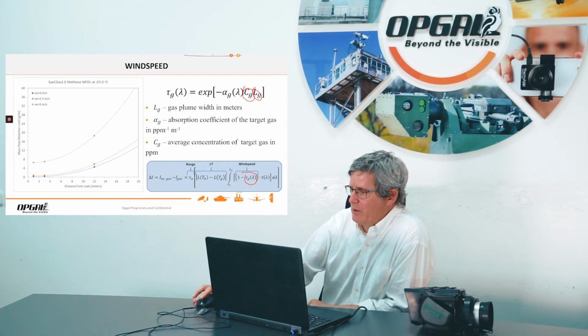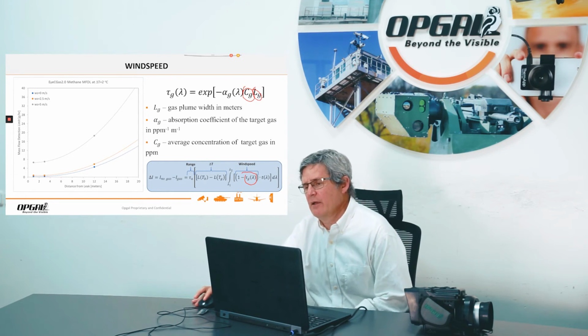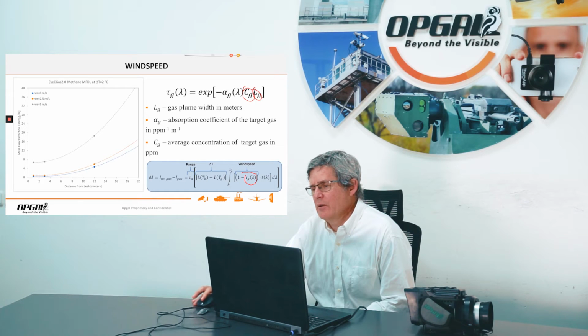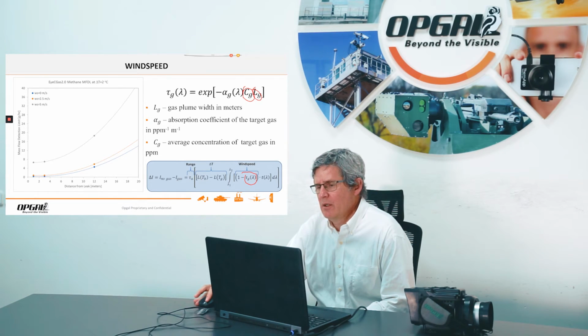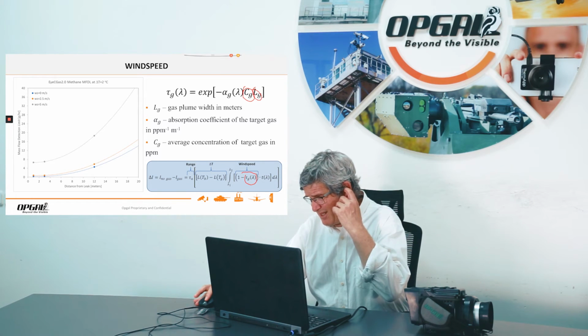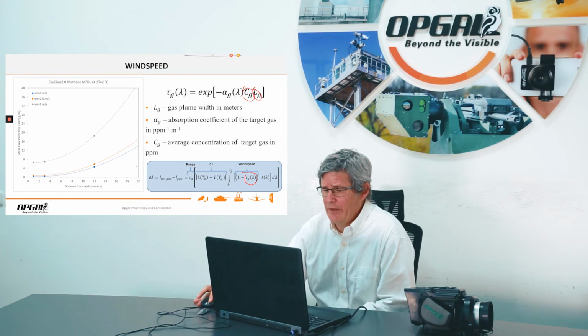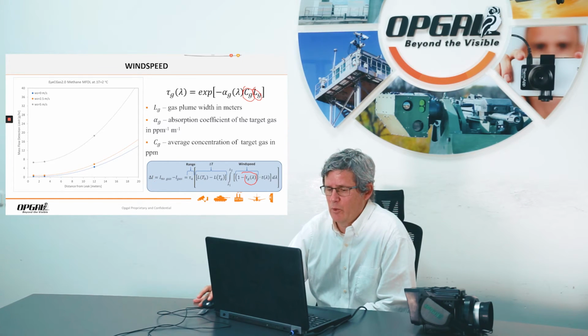It will be thinner. And what will happen is that tau will be actually closer to 1, and 1 minus tau will be closer to 0. And then the contrast will be affected by it.